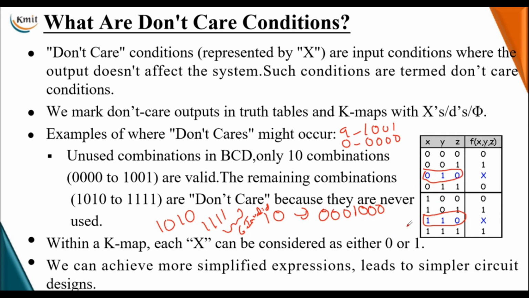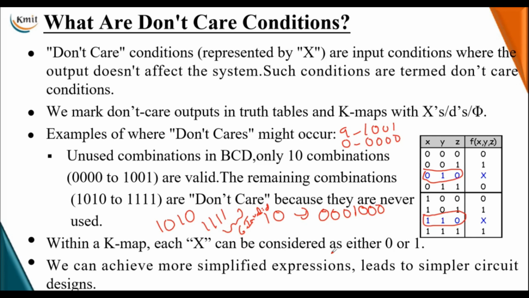While you are minimizing in the K-map method, you have to treat these don't care values as assumed values, logical 1 or logical 0. You can assume the don't care values are logical 1s or logical 0s for minimizing SSOP or SPOS expressions.